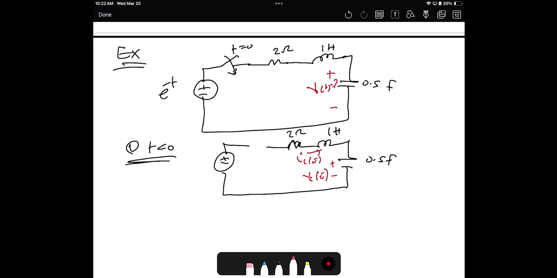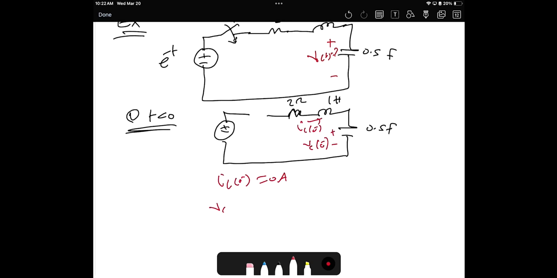What do you think the current of the inductor would be? 0, because it's open circuit. So IL of 0 negative equals 0. How about the capacitor? The capacitor current equals C dv/dt. And since its current is 0, then it will be 0. Okay? Then step 1 done.